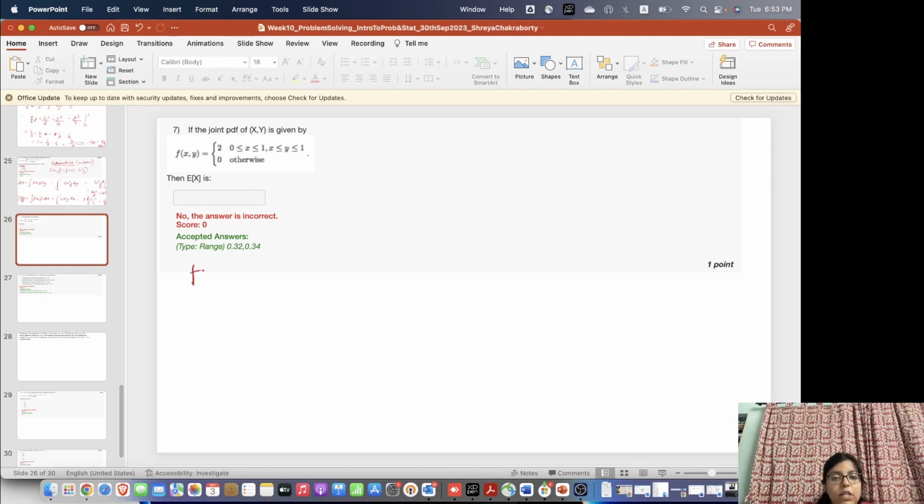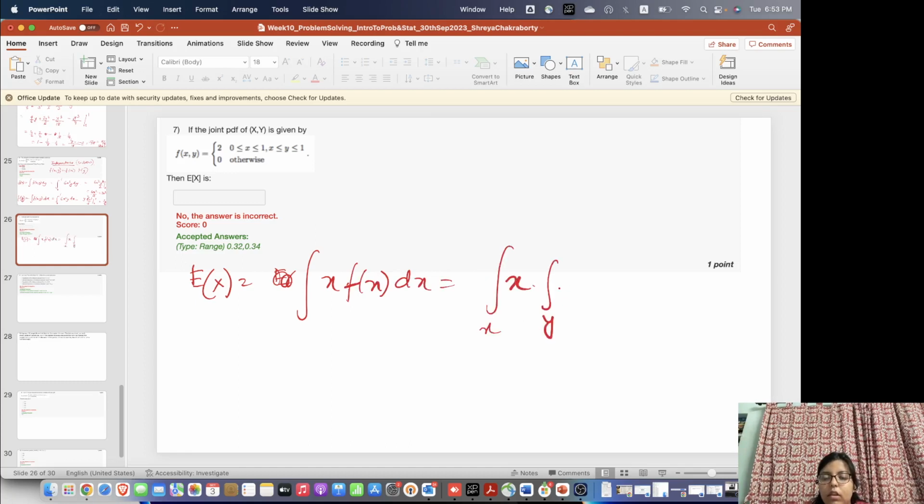Now expectation of x is how much? It is x into fx dx, which is integration of x into f of xy dy into dx.